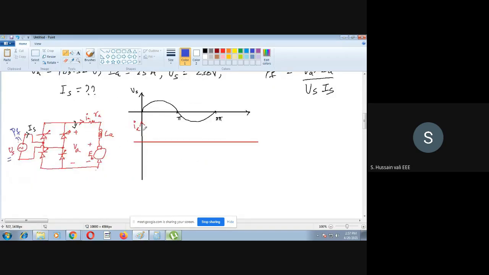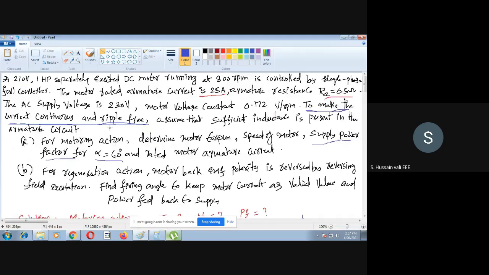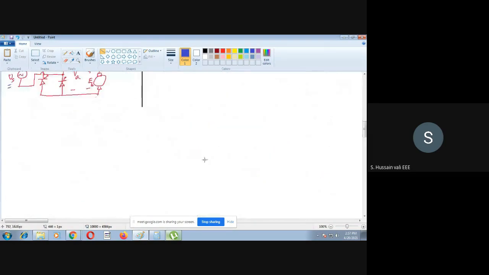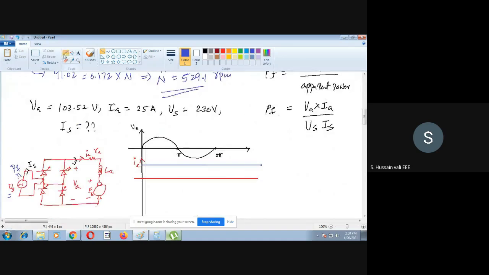Continuous and ripple free means it's just a straight line, a constant value. And this constant value is the IA value, the armature current. In the problem, he said the rated motor armature current is 25 ampere. So this height is 25 ampere.